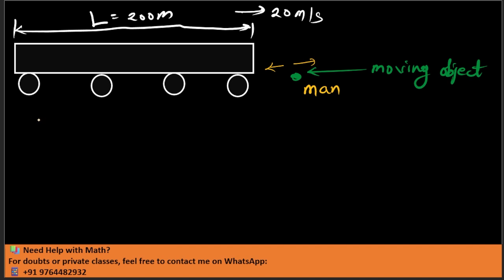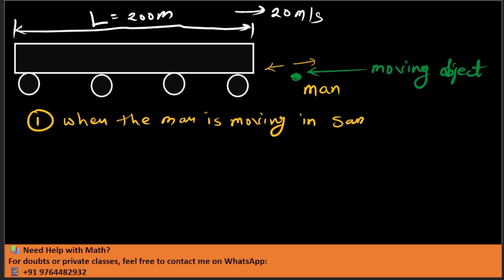So I am taking both the cases. So when the man is moving in same direction of the train, here the relative speed, when the direction is same, what we do, we subtract the speed.